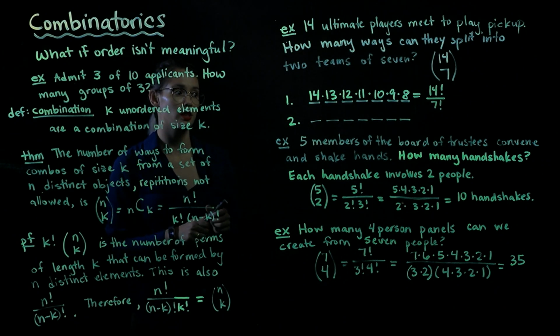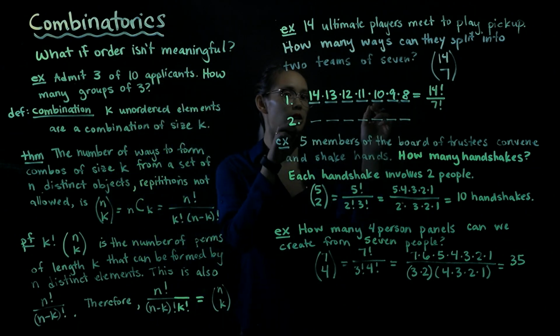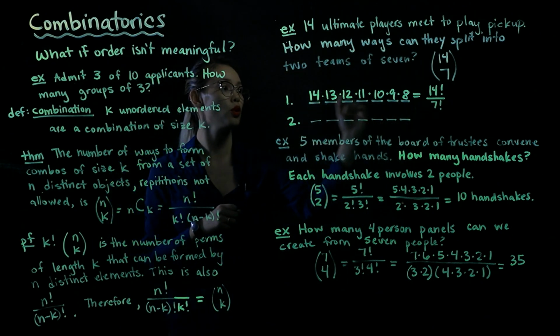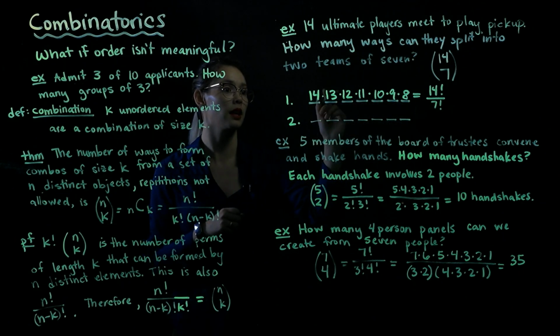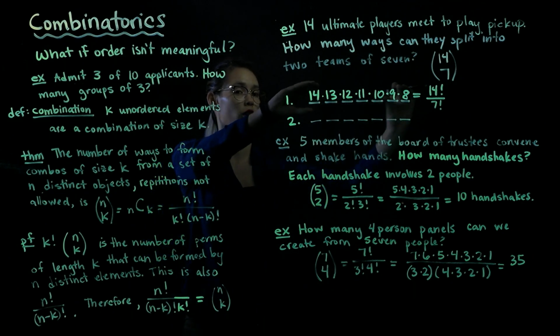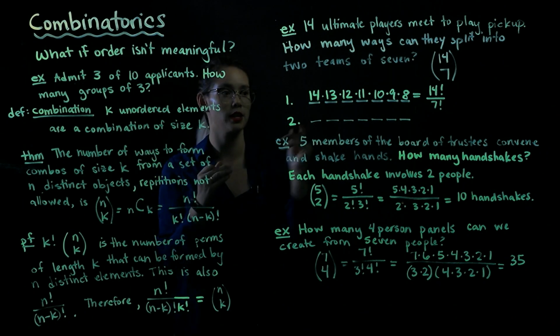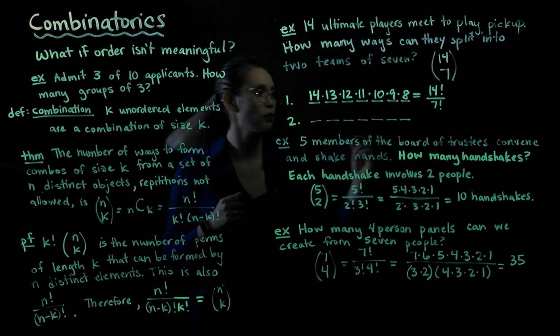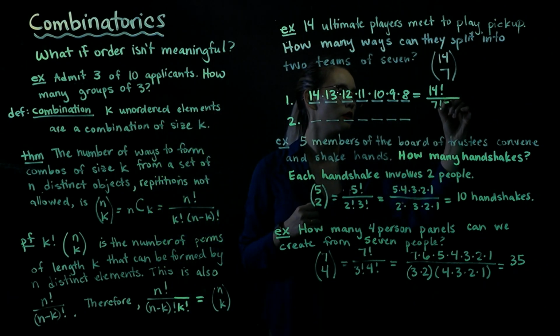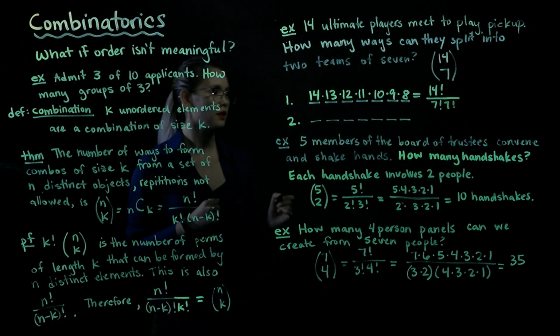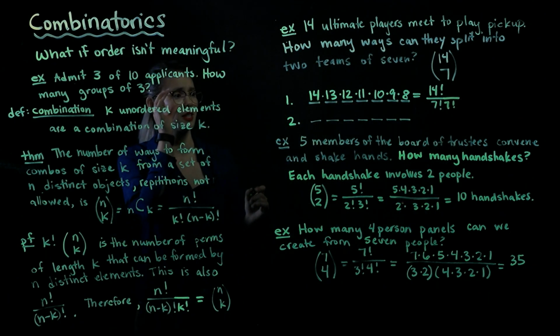So if the order doesn't matter, we would need, how many ways can we move these people around? Like if we had the people on the team already determined, how many different ways could we arrange them from left to right? And that would be 7 factorial. So we have 14 factorial divided by 7 factorial, 7 factorial.